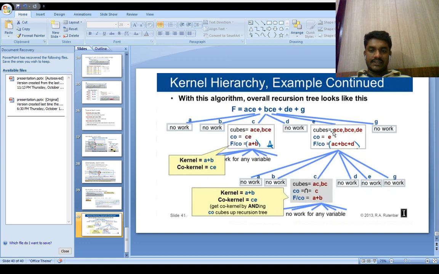And if we take an example with ACE, BCE, and DE, we can take a common letter E. This is the co-kernel, and this is the kernel. What are all the things we have got after taking common?